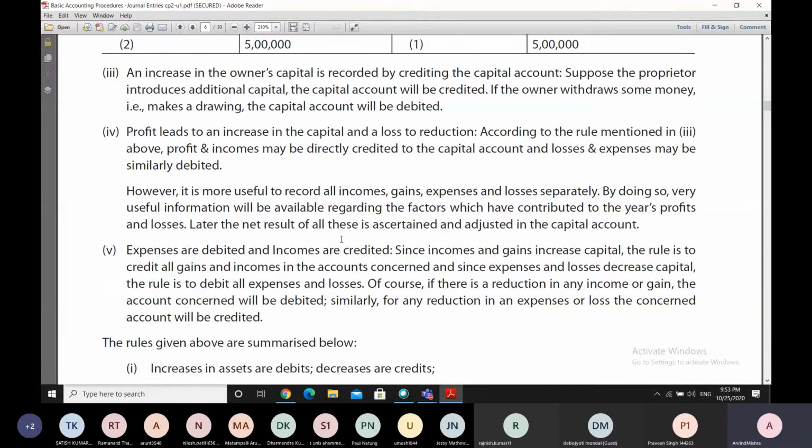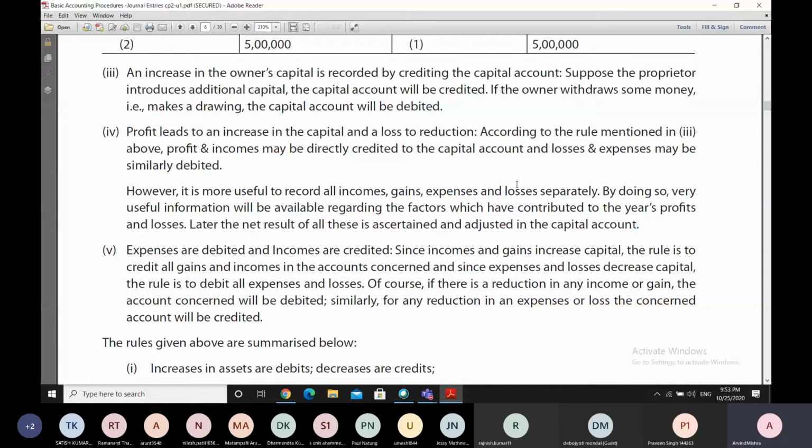However, it is more useful if we record all the incomes, gains, expenses, and losses separately first, and thereafter we bring the net effect into the capital account. By having the incomes, gains, expenses, and losses recorded separately, we will have very useful information regarding the factors that contributed to that year's profits or losses.